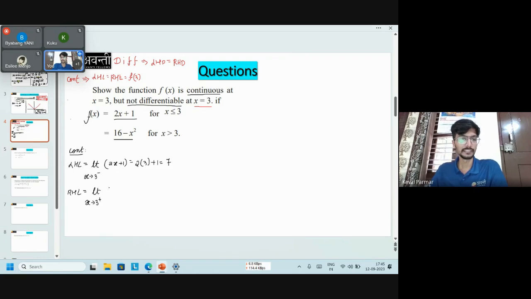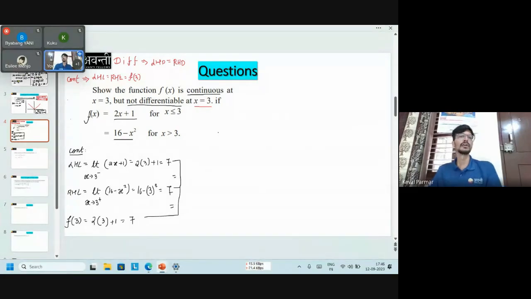For 3 plus, the definition is 16 minus x square, which is 16 minus 3 square, which is 16 minus 9, which is 7. Let's take the functional value at 3. Functional value at 3 means this definition again, equality is there. So 2 into 3 plus 1, 6 plus 1, 7. So left limit is equal to the functional value. That means f is continuous at x equals to 3.